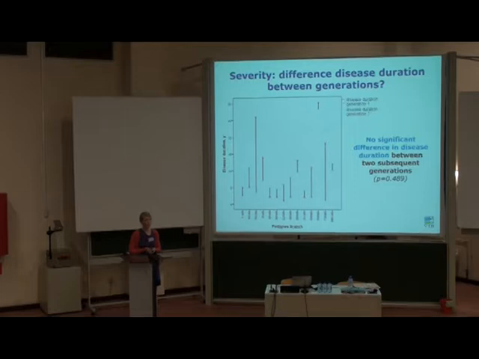In our cohorts, for example, patients with FTD have a double disease duration than patients with ALS. And so it was interesting to look at how the patterns were. Was it always a parent with FTD and a child with FTD? Or was it sometimes another pattern?